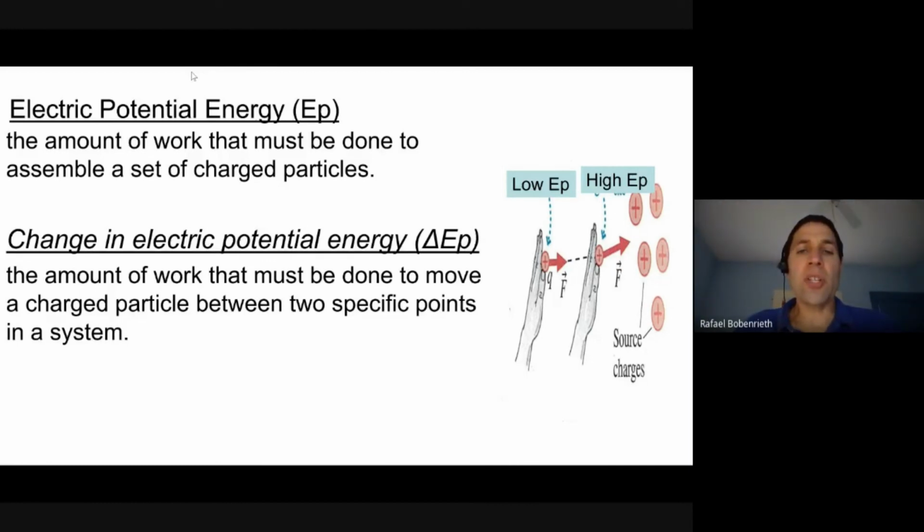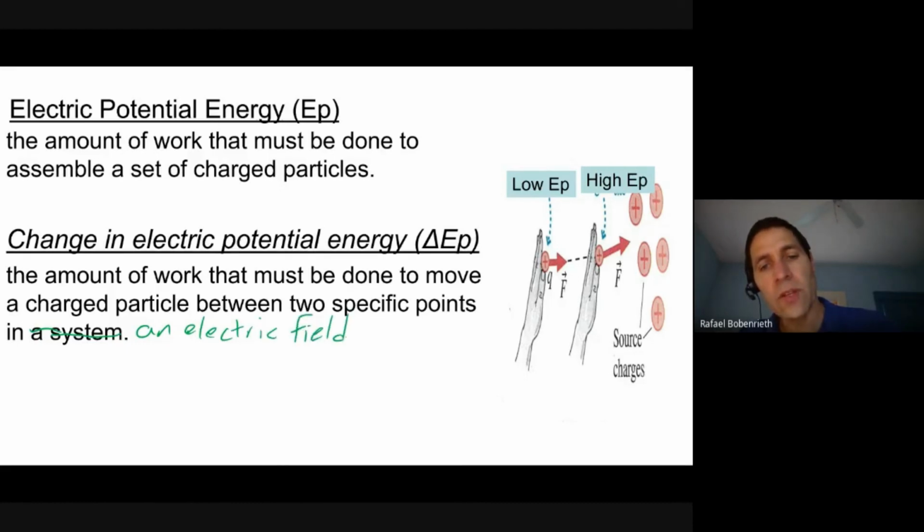If I want to talk about the change in electric potential energy, that's going to be the amount of work that must be done to move a charged particle between 2 specific points in a system. And I would say, in this case, a better way of saying that is in an electric field. So there's an electric field of some sort set up by a set of source charges.